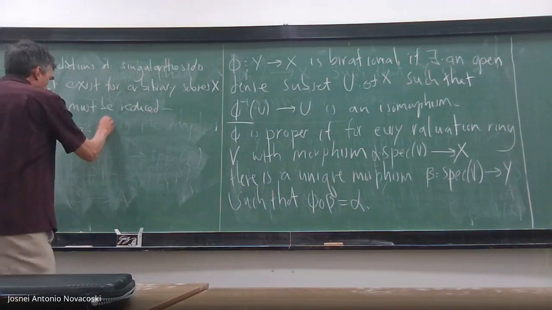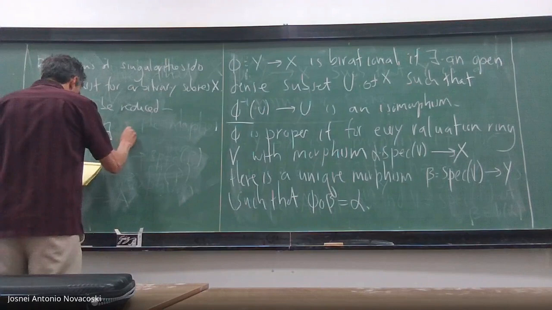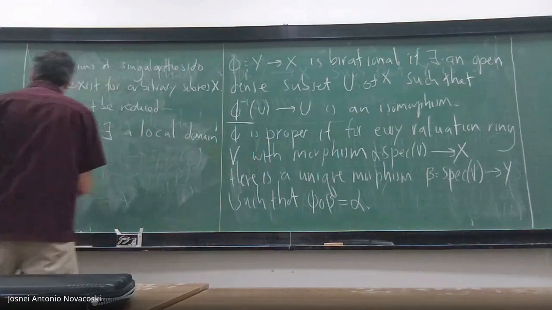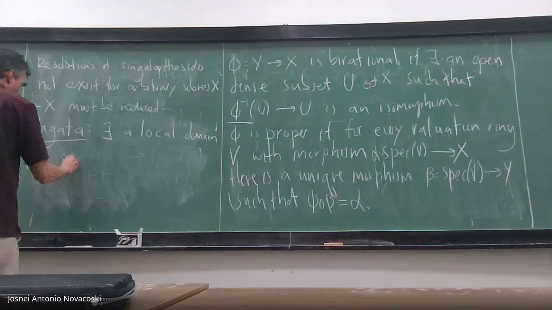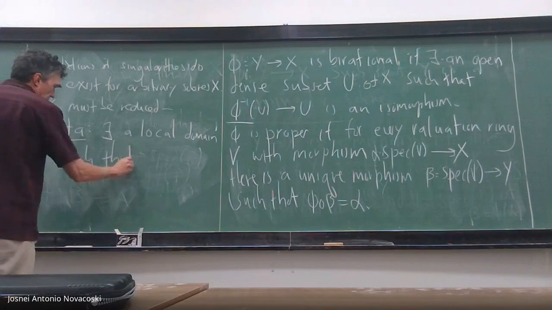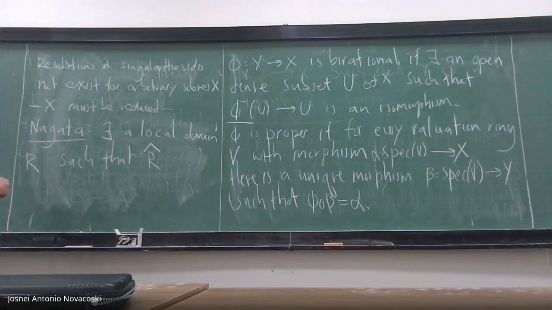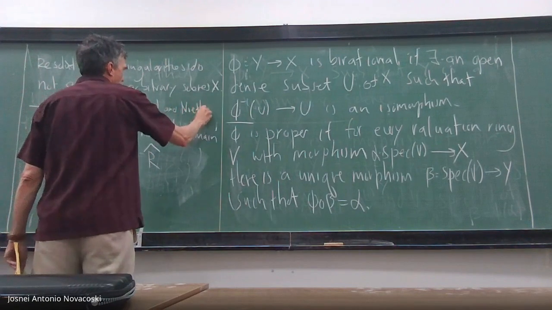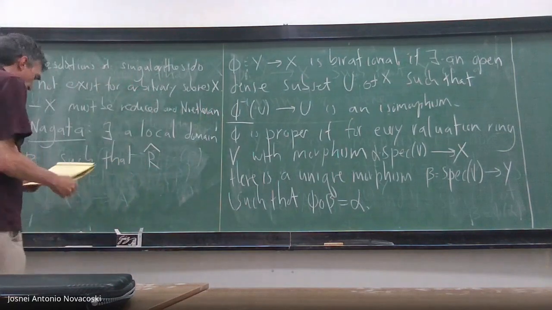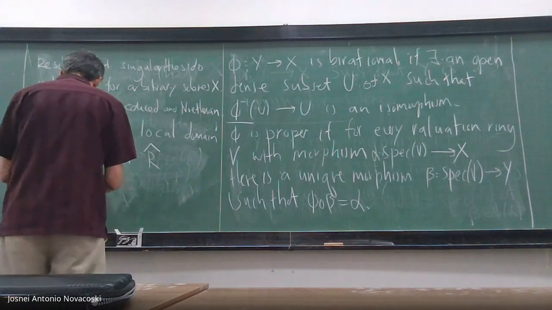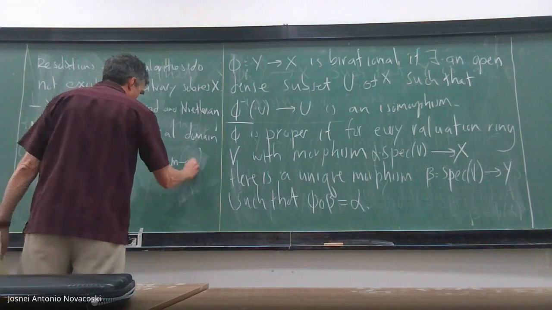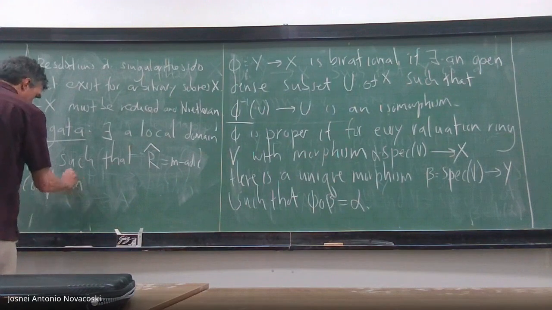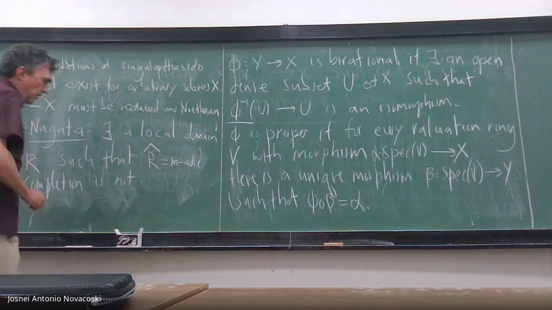And one of them was to show that there exists a local domain, so it's certainly reduced, R, which is Noetherian, such that its M-adic completion is not reduced.